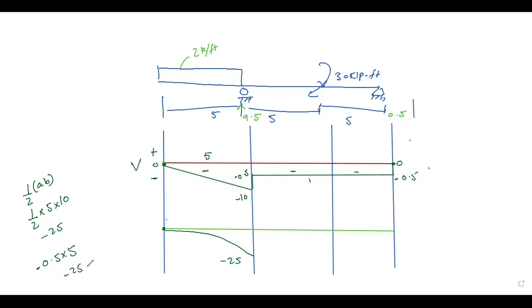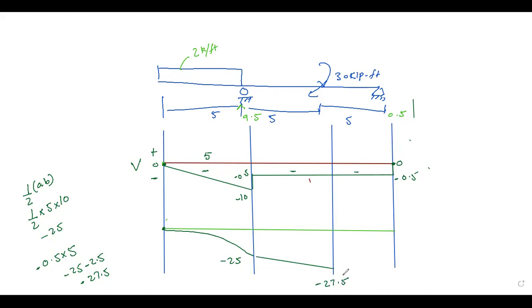Negative 25, negative 2.5, it will be negative 27.5. It should be a straight line. So the value here is negative 27.5.